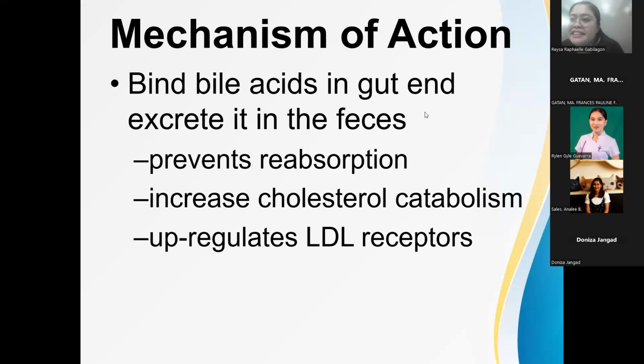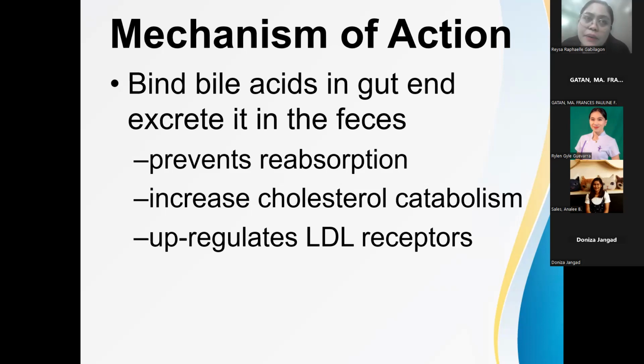So bile acids. Siyempre, nasa bile natin yan. And yung bile ay actually made up of cholesterol. So, kailangan natin si bile para ma-digest natin yung kinakain natin na lipid or mga cholesterol or fat or oil-rich foods natin. Pero again, si bile mismo is made up of cholesterol.